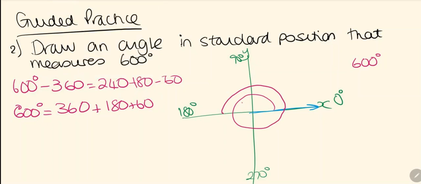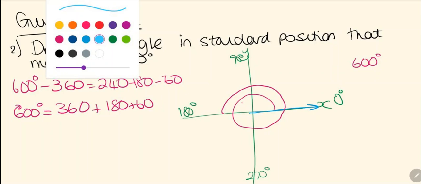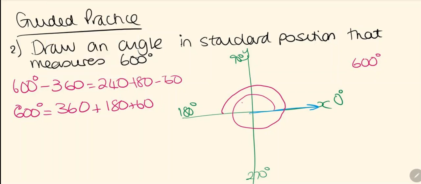Now 60 degrees is probably about there. So this line needs to continue around to here. So that's going to be 600 degrees. And this angle from there to there is 60.